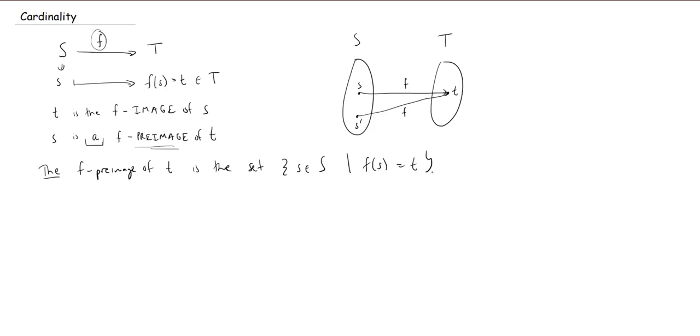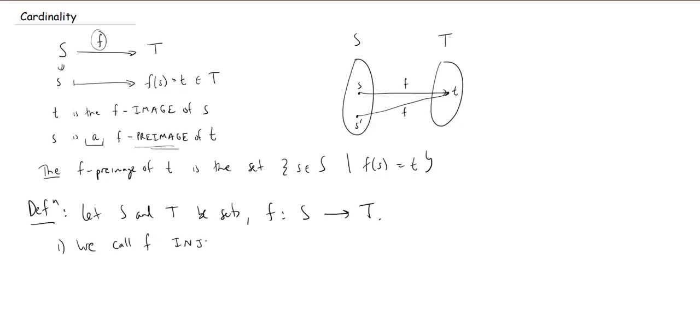Okay, so let's get to our main definition here at the beginning, which is, well, again, we'll have the same setup, so we'll let S and T be sets, and f a function from S to T. All right, so the first is that we call f injective.